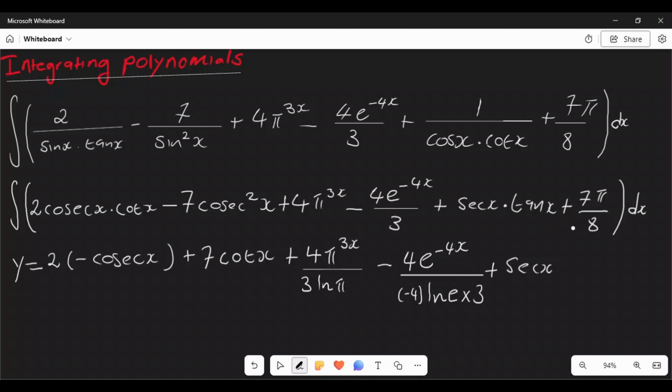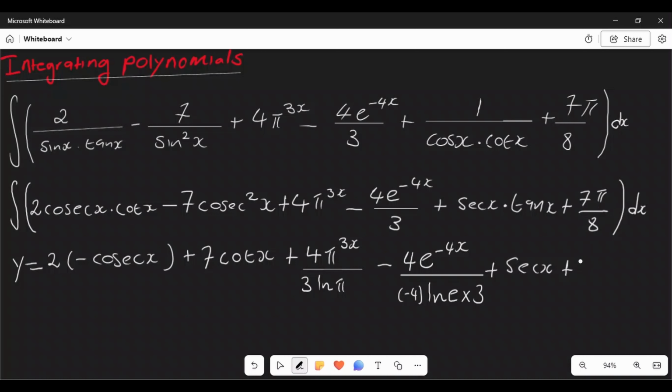Right, so from here we come to the last one. There is no x here. Since we are integrating, we are going backwards with differentiation. So basically what you should do here is just multiply by x, or you can use the power rule. The power rule is still fine here.